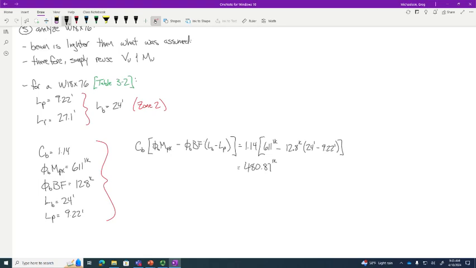So essentially, phi Mn is the minimum of all that, and that's just my way of writing that big line.